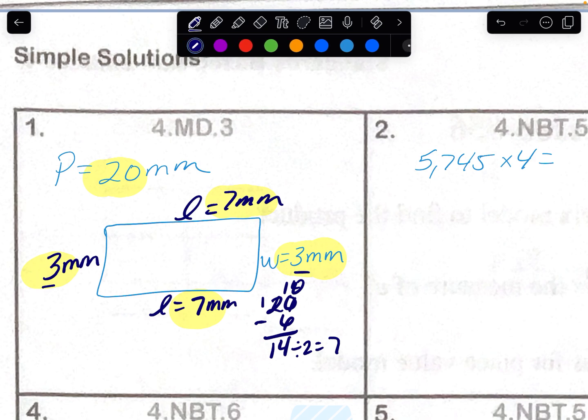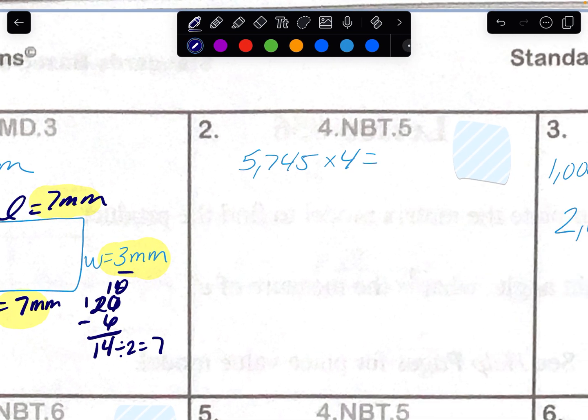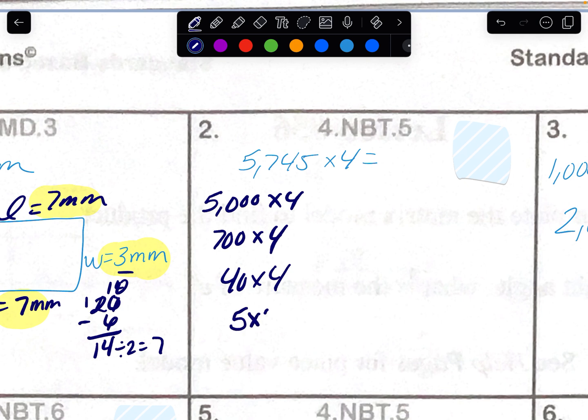Alright, the next question is number 2. This one is distributive property. You don't necessarily have to do distributive property. You can do whatever strategy you want. You can do partial quotients. You can do standard algorithm.